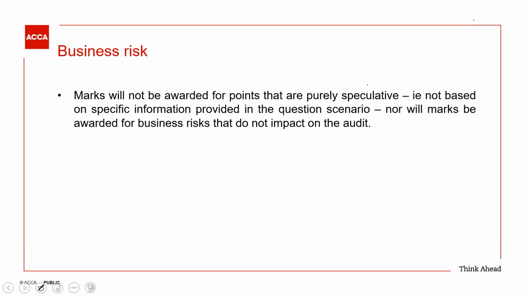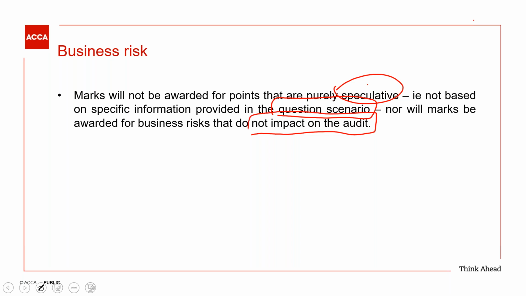And you will not be getting any marks if you're writing a business risk which is not in the question scenario. Suppose you're writing anything rote learned, a business risk which you must have read in a past paper but that's not in the case study, it's useless. And you will not be awarded marks for business risks that do not impact the audit.